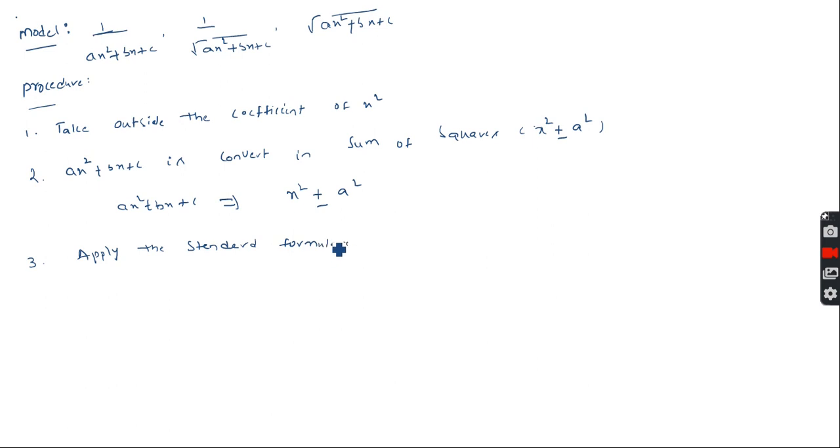Okay, so the first problem is the integral of 1 by x square plus 2x plus 5 into dx.